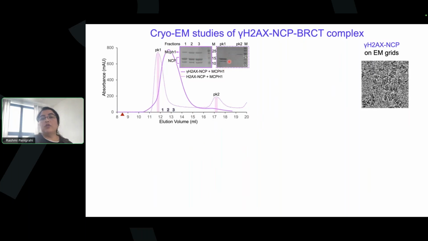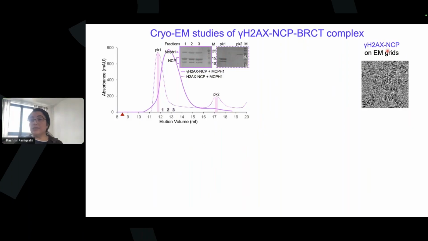However, when we have the non-phosphorylated form, shown in dotted lines, we had two peaks, because the BRCT, which is a small protein, does not actually bind to the NCP.